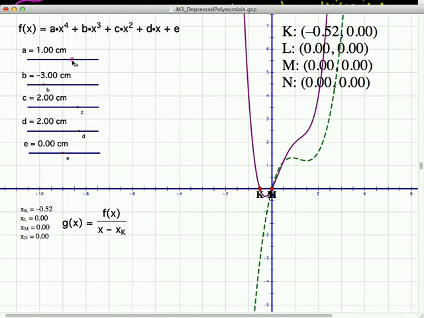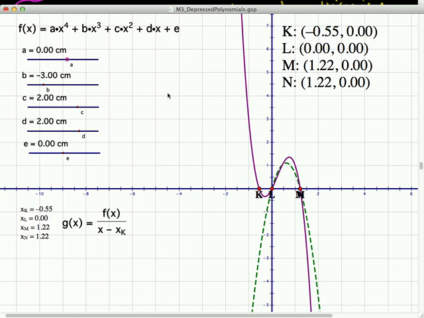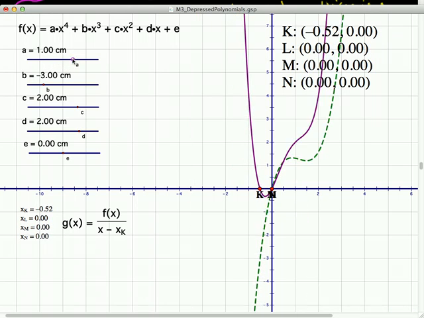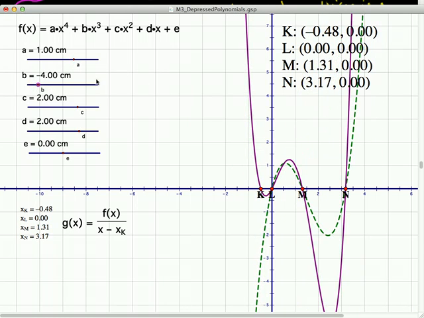Let's see what happens if I get some positive ones going here. Oh, that's a 3rd degree there, isn't it? Yeah, so check this out. So if I know one of my x-intercepts, then I know one of the factors, right? So if this is the point negative 0.48, then that means one of the factors would be x plus 0.48, okay?